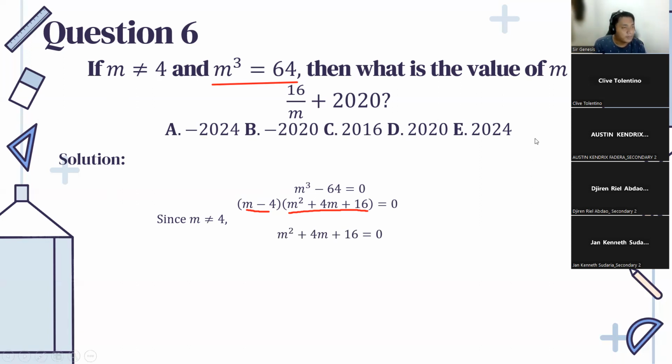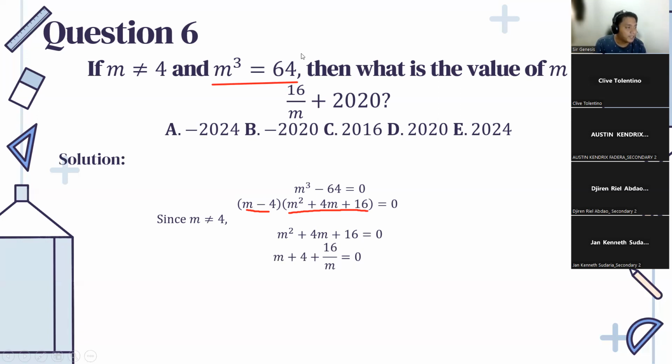Now, what will we do in order to have m plus 16 over m? So we divide both sides by m. We already know that m is not equal to 0. So we can divide both sides by m. That means you will obtain m plus 4 plus 16 over m is equal to 0.